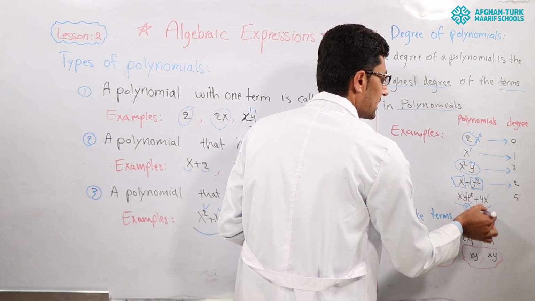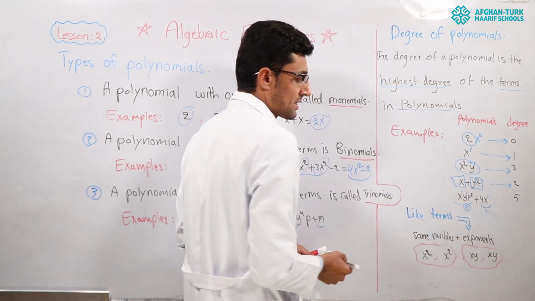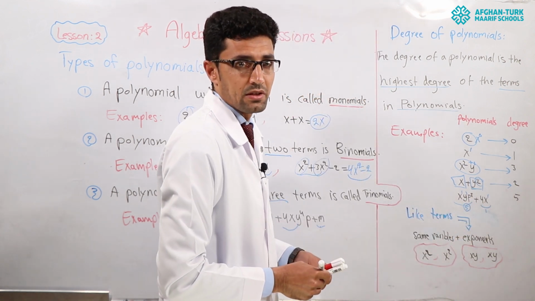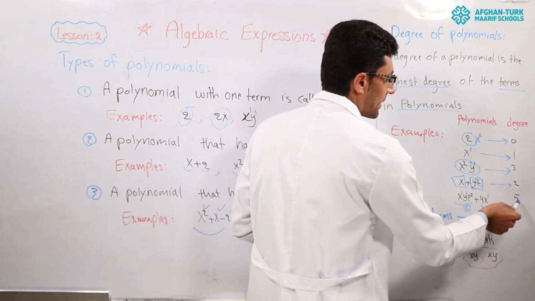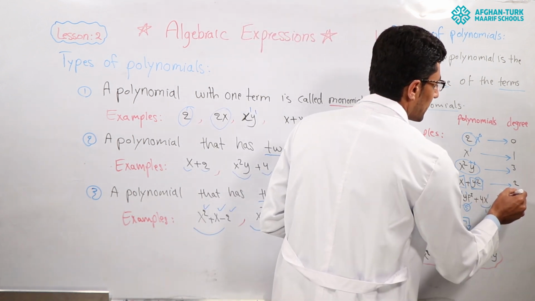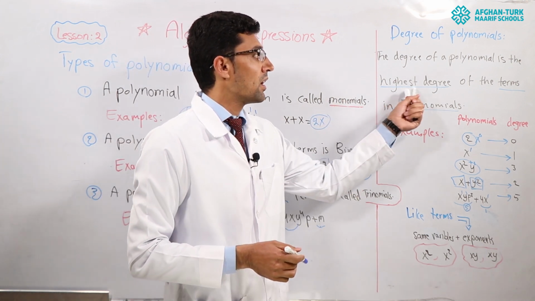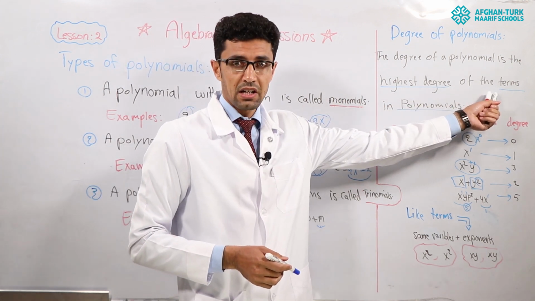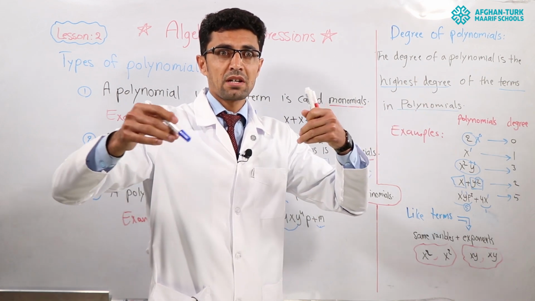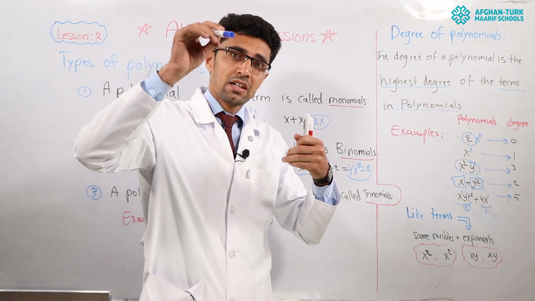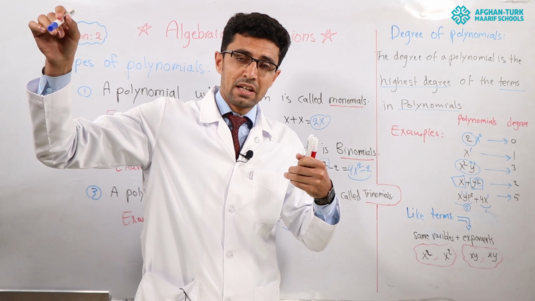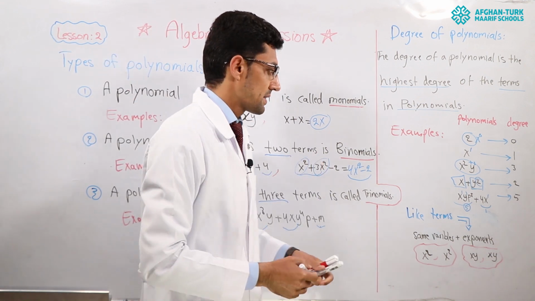And the other is only 1. Which one is the highest degree of the terms? 5. It means that 5 is the degree of the polynomial. So in general, we have to see the highest degree of the terms. If you have 5 terms or 6 terms, again, test all of them to see which one is the highest.